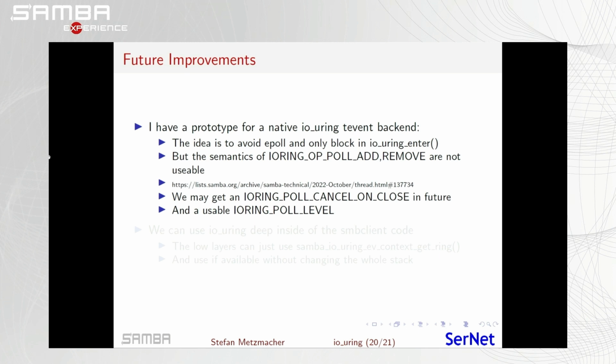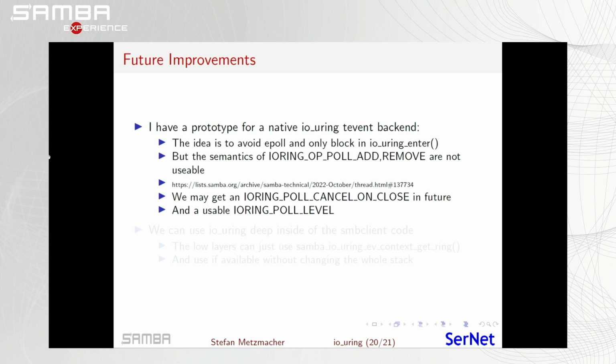and get improvements there. But the sad thing is that the poll add and poll remove semantics of io_uring are not really useful for us, because they get an additional reference on the socket, on the file descriptor of the socket, and that means when our main code calls close, the connection is not torn down, so it's kept open, and that caused problems with tests.